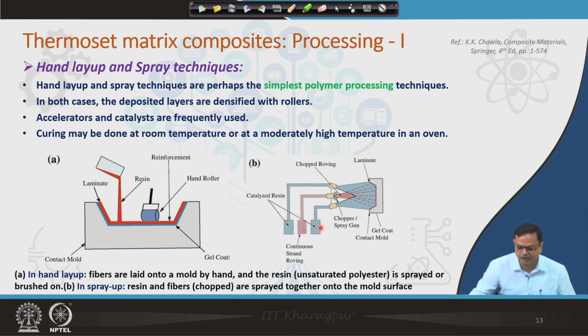You can see here, the continuous strand roving can also be sprayed. The continuous strand goes through like this, and then there is a chopper. This basically makes short fibers, and the short fibers get thrown along with the resin, and then again you use a hand roller to make it densified. So, that is the basic, very primitive technique of making polymer matrix composites.